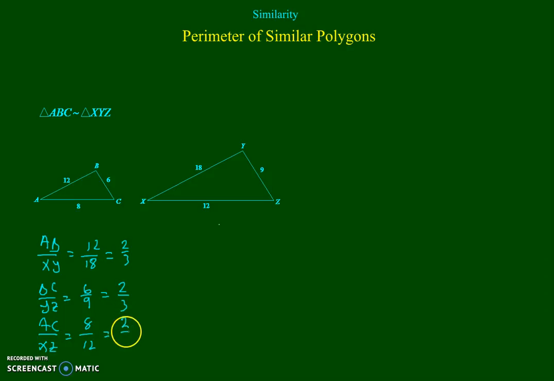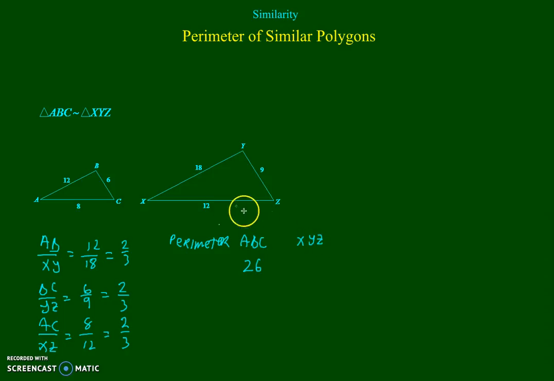is again 2/3. Now let's take a look at the perimeters, the ratio of the perimeters of ABC and XYZ. The perimeter of ABC is 12 plus 6 plus 8, which is 26.